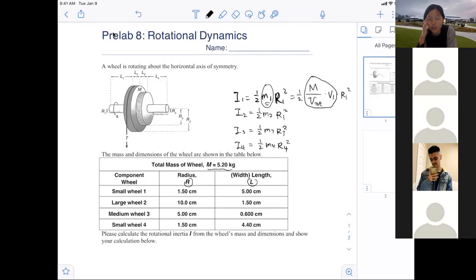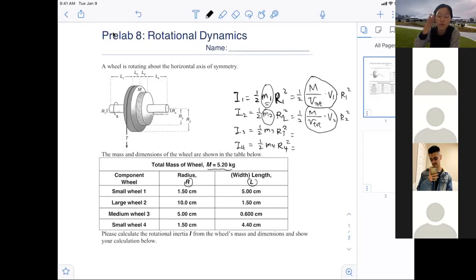Density times volume is mass 1. And then the same thing for the I2 is overall mass divided by the total volume times volume 2, R2 squared. So we made a substitution of M2, and the same thing for 3 and 4.